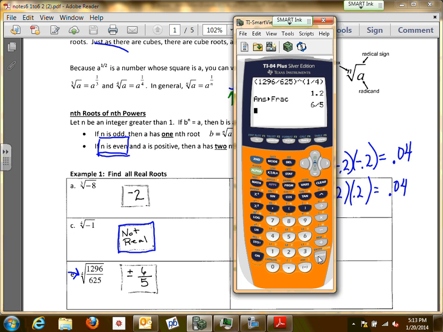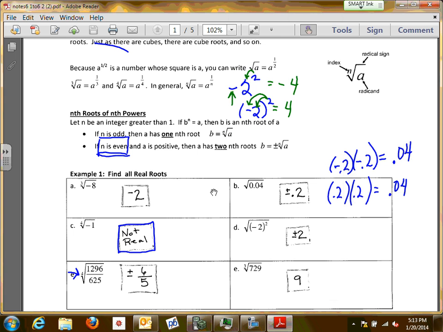So you just need to remember your positive and negatives when you have an even root, square root, sixth root. So look here, I have an odd root. So now I don't have to worry about plus and minus. I only have to worry about the plus and minus whenever my root is even.